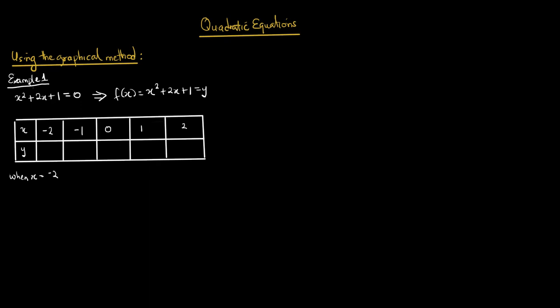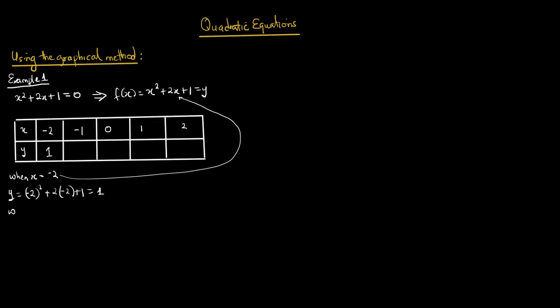If I put x equal to -2 into that equation, my y is going to be -2 all squared plus 2 into -2 plus 1. If I do that correctly, I should be getting a 1 there. Okay, good. So I substitute the value here as 1 for y.